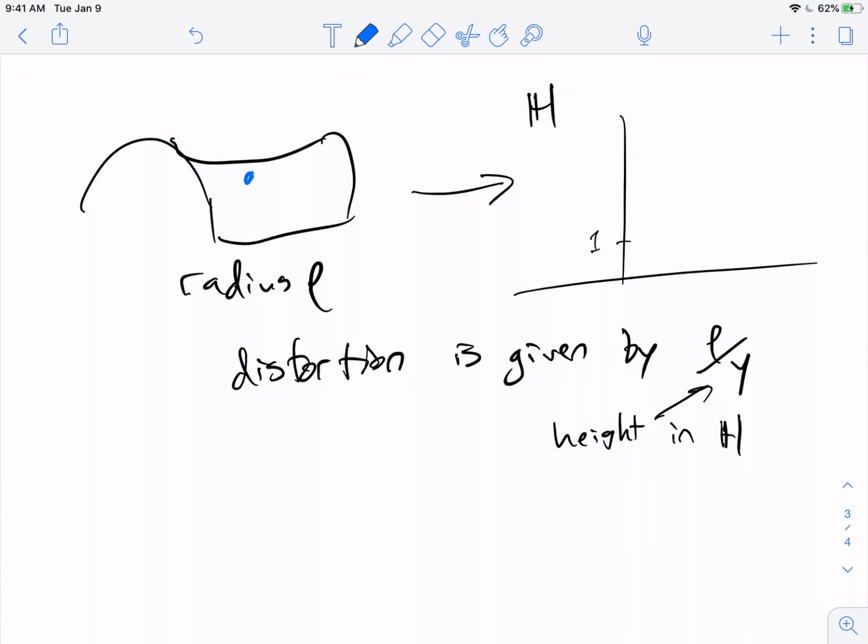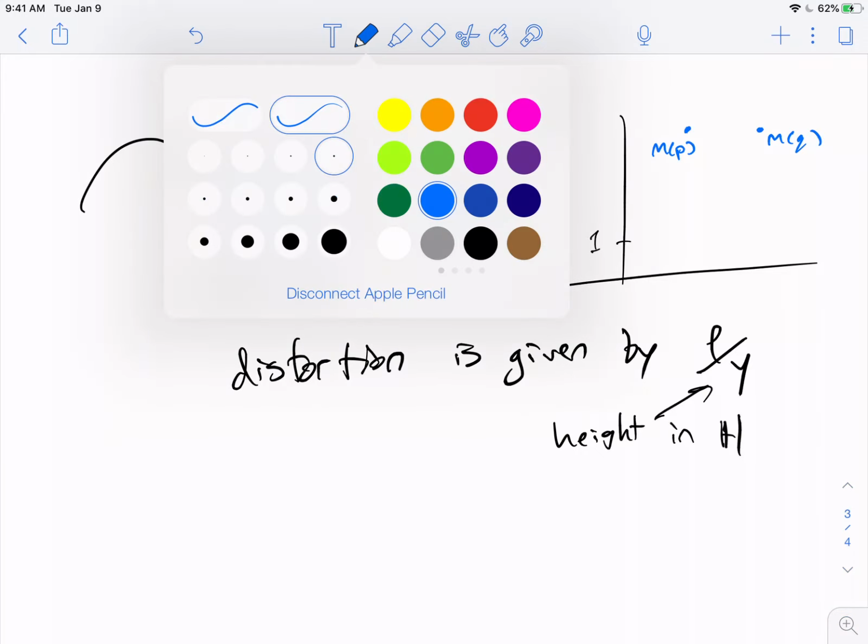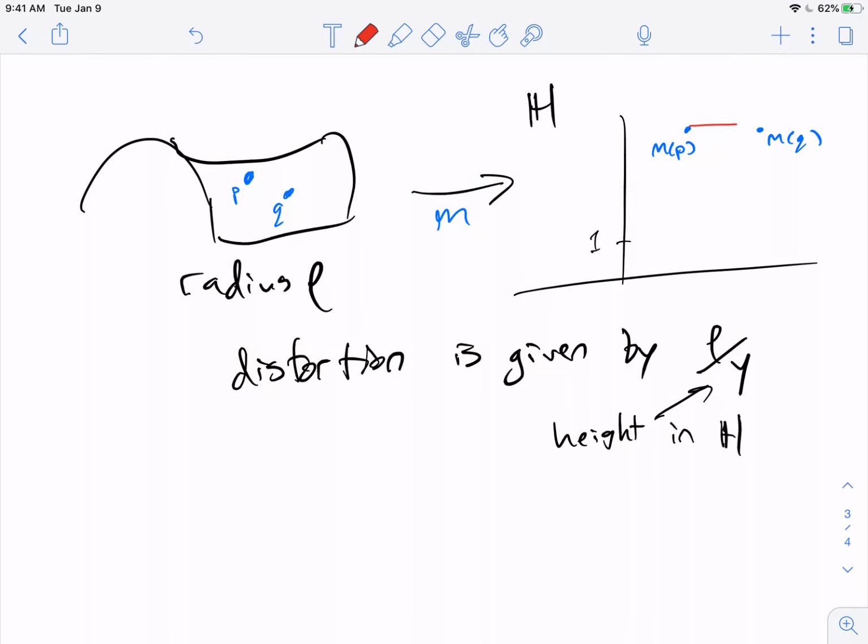Let's say I have 2 points in hyperbolic space, P and Q, and let's give this map a name. I'll call it M for map. And let's say M maps these points to these 2 points in the upper half plane, M of P and M of Q. And suppose the Euclidean distance, the actual distance in the plane between these 2 points, is given by D. And let's say they're at a height of y.